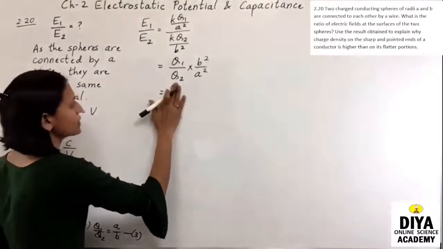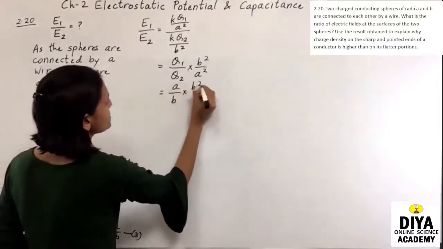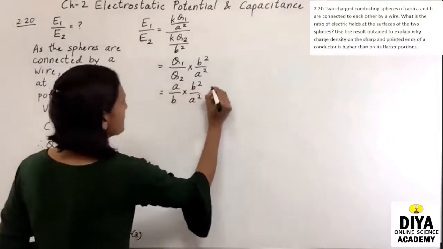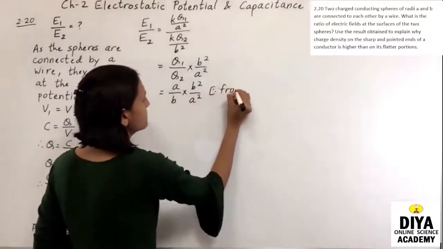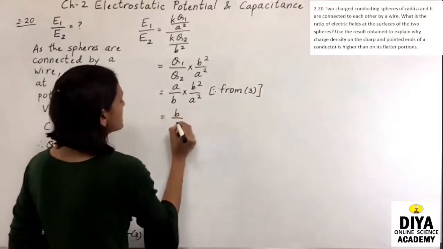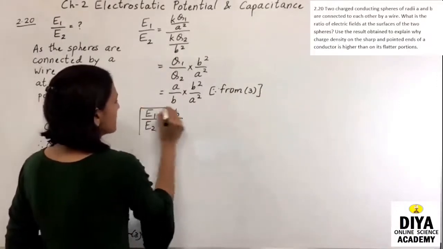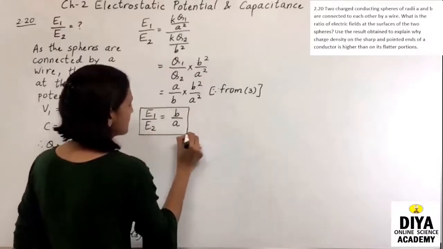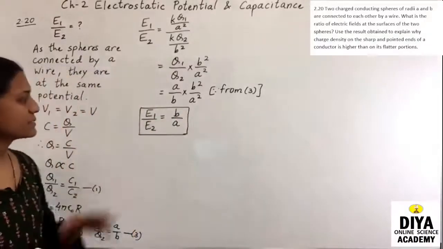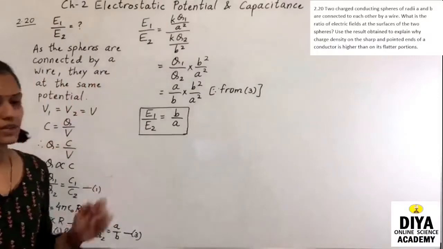Q1 by Q2 is A upon B into B square by A square, because from 3 equals B by A. So this is the ratio of electric fields, that is inversely proportionate to the radius of both the spheres.